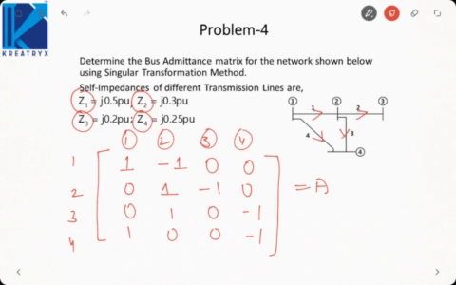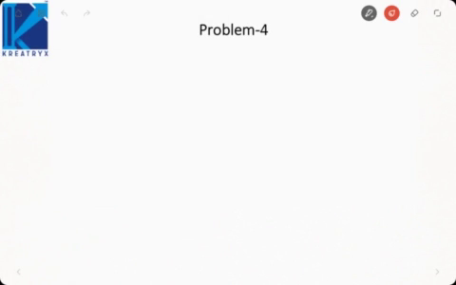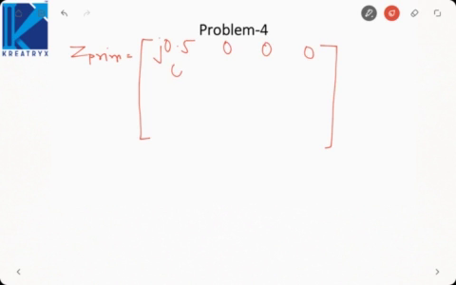Okay. Now we have to form the primitive impedance matrix. So when we form Z primitive, it is actually self and the mutual impedances. So self impedance of line 1 is j0.5. Mutual all are 0. Then self of line 2 is j0.3. Other mutual are 0. Then self of line 3 is j0.2. Mutual is 0. And the self of line 4 is j0.25.